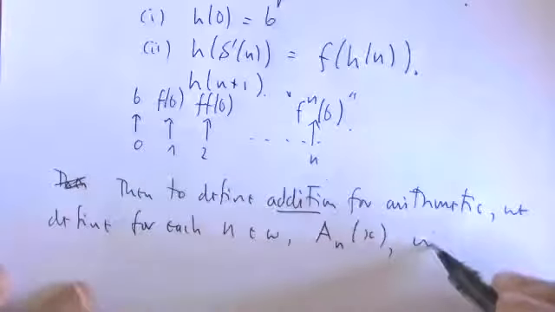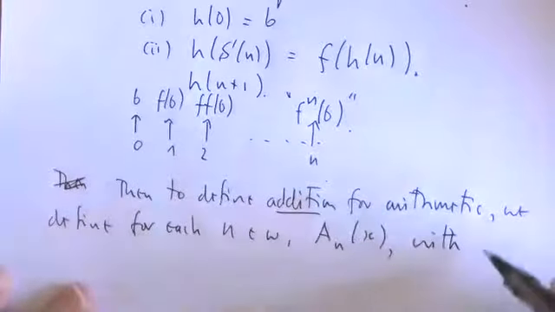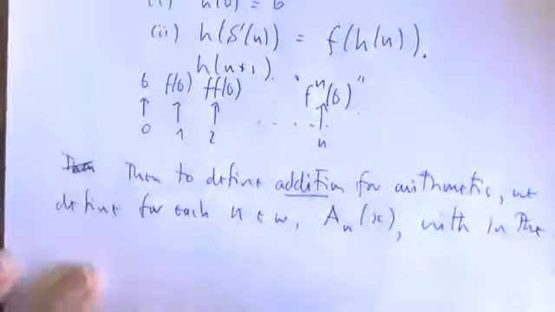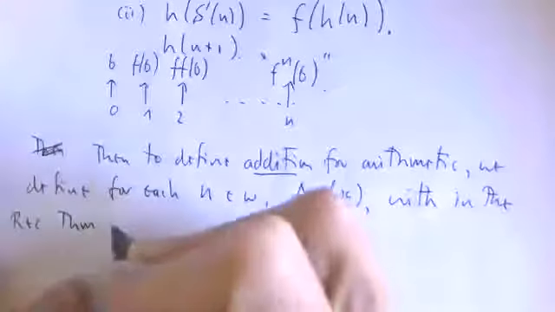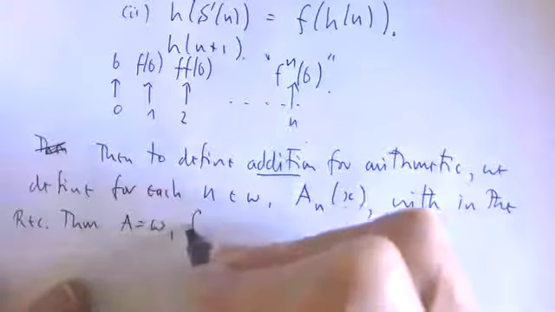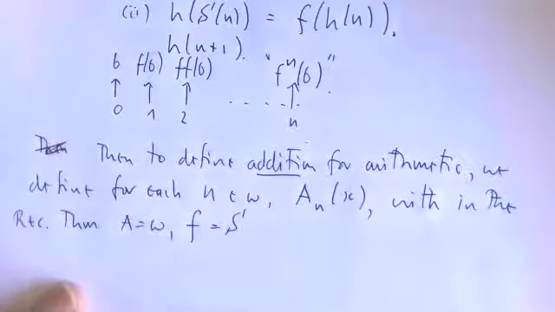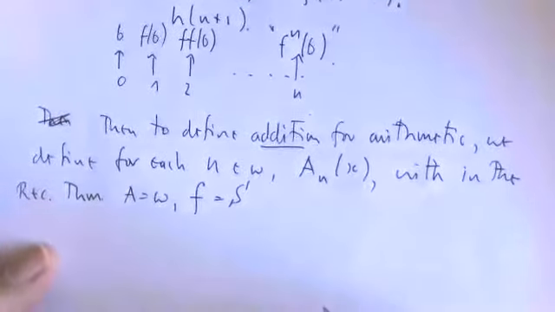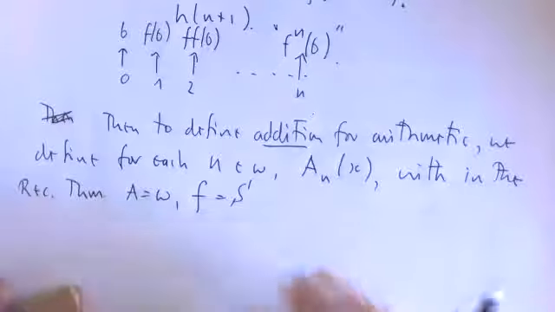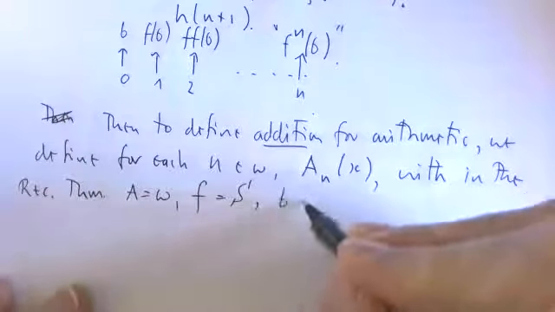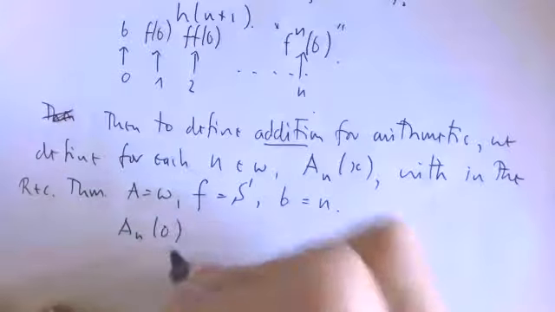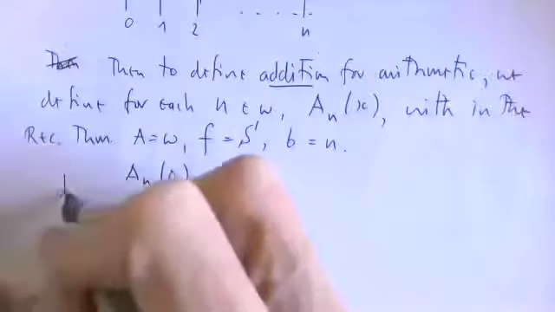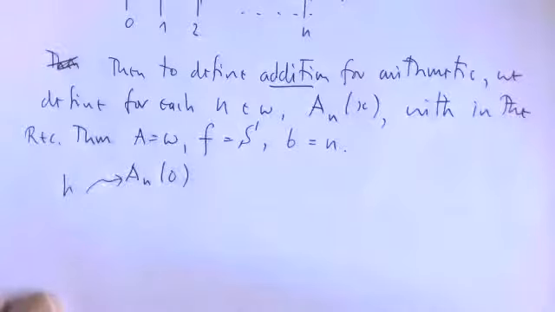So in the recursion theorem, we take A as omega, and f will be the successor function there. And the starting object will be n. So this will be my h that we're trying to define.